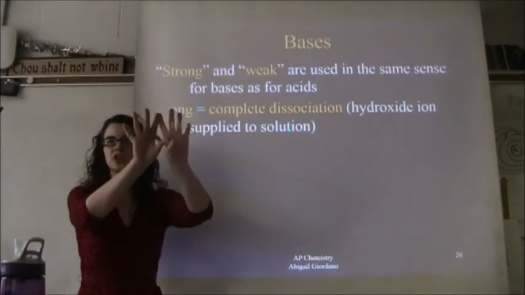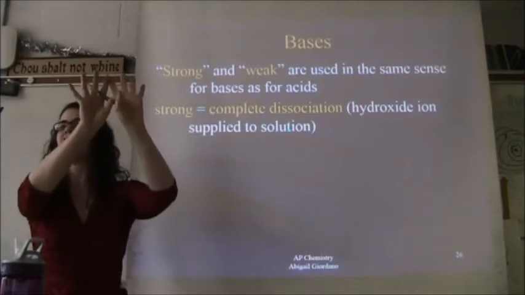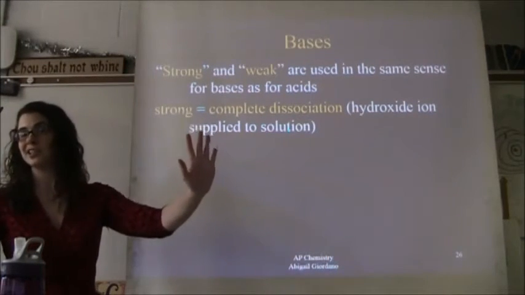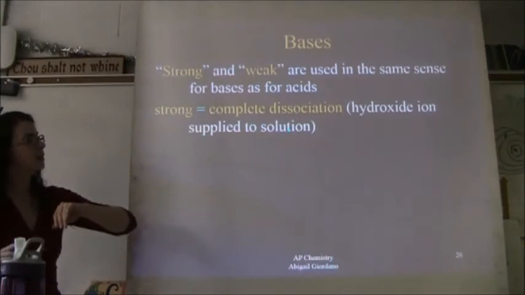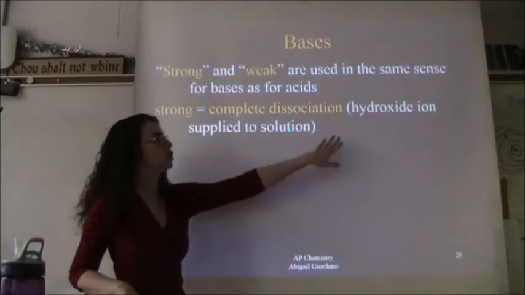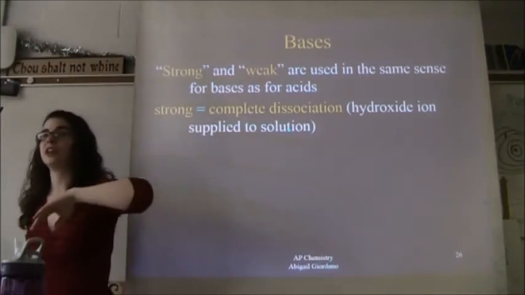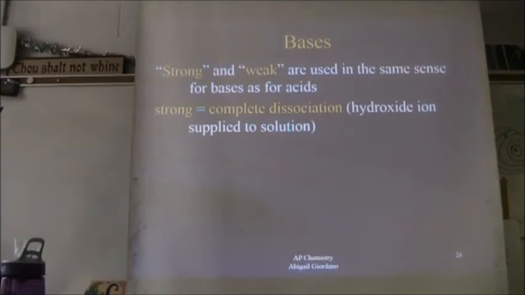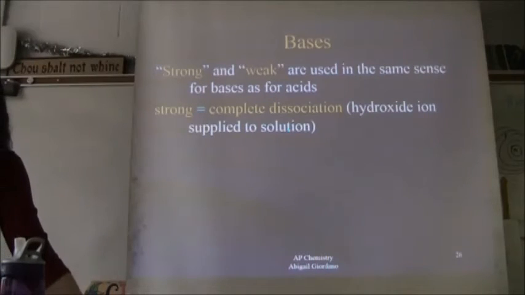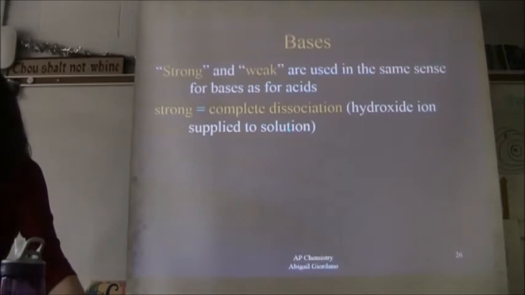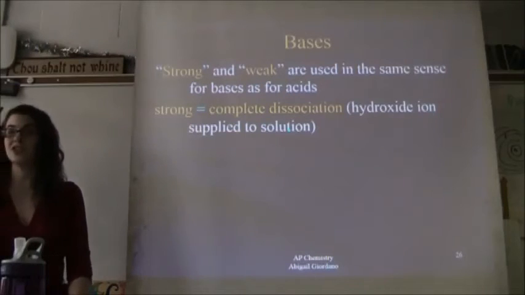The only difference is, when dissociation occurs, instead of providing H+ ions to the solution, with a strong base, you'll be supplying lots and lots of hydroxide ions. Now, do you all remember what your strong bases even are?